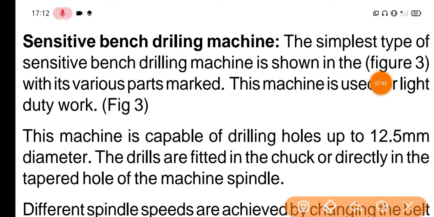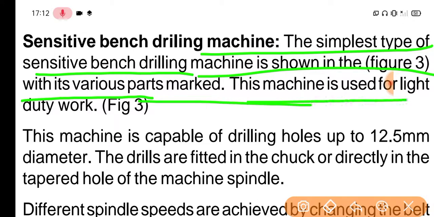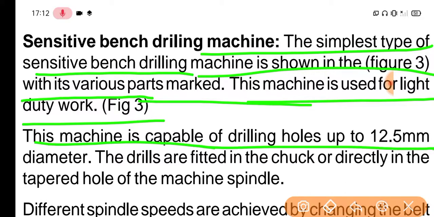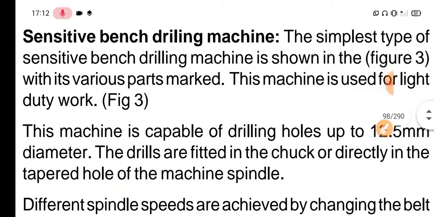Sensitive bench drilling machines. The simplest type of sensitive bench drilling machine is shown in the figure with its various parts marked. The machine is used for light duty work. The machine is capable of drilling holes up to 12.5 mm diameter. The drills are fitted in the chuck or directly into the tapered hole of the machine's spindle.